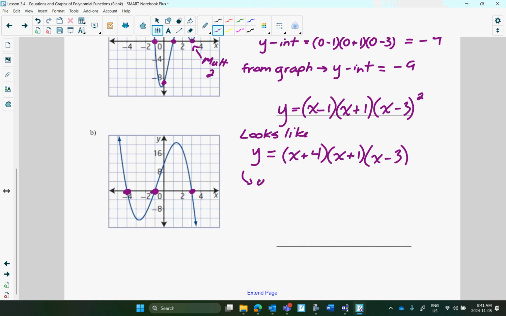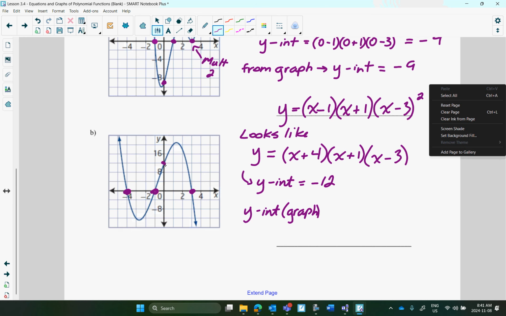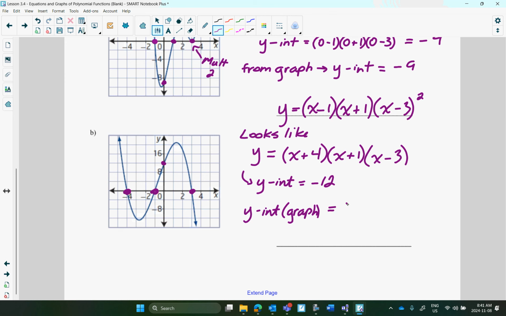What's the y-intercept from this one? Negative 12. What's the y-intercept from the graph? This time it's going up by 4, so it's positive 12. What would I have to multiply this by to change this from negative 12?